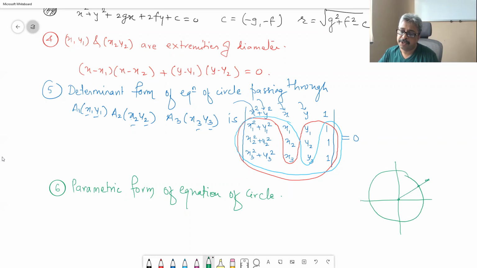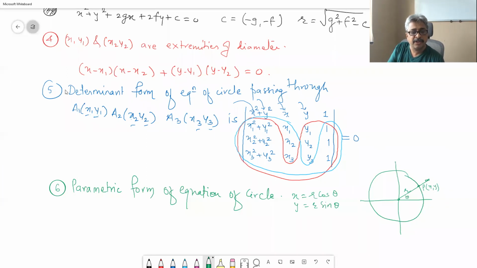Let this point P (x, y) be on the circle. The ray is making angle theta and the radius is r. So x is equal to r cos theta, y is equal to r sin theta. That is the parametric equation if the center is at the origin.